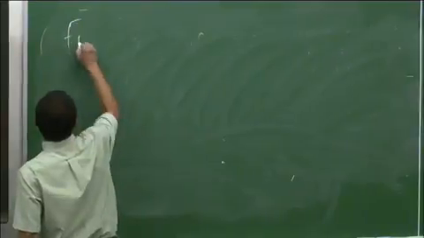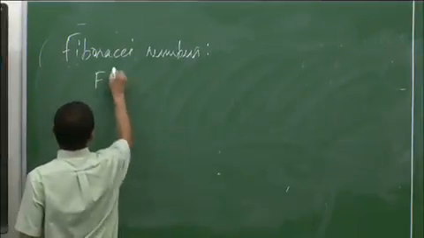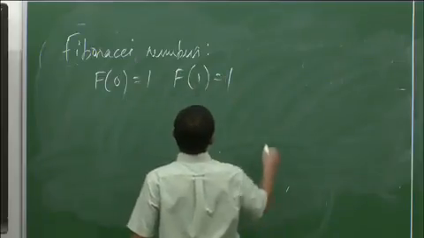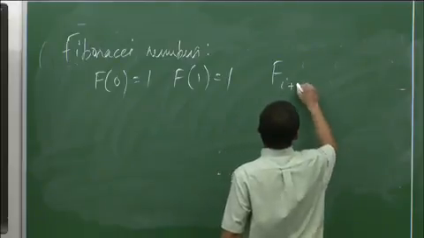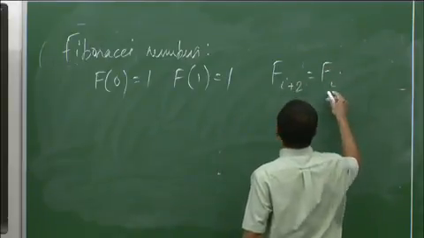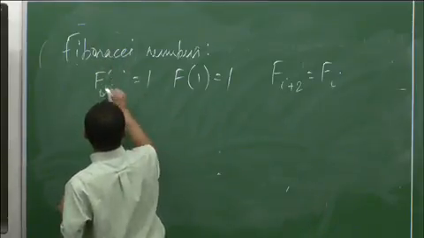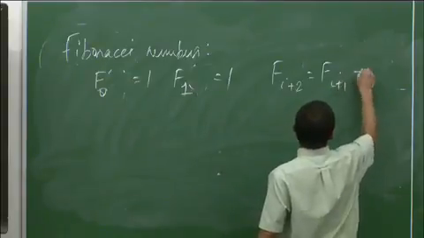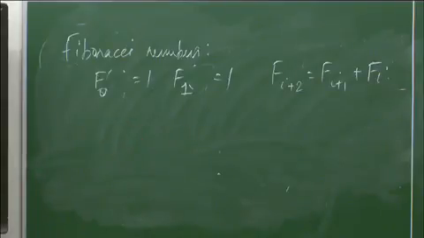So, here are the Fibonacci numbers. Okay, so, f of 0 is 1, f of 1 is 1, and f of i plus 2 is f of i plus f of i plus 1. Okay, we know about these things.